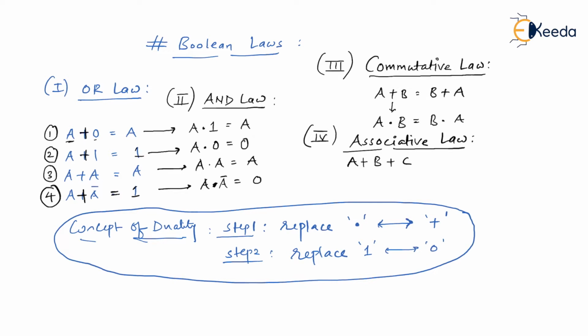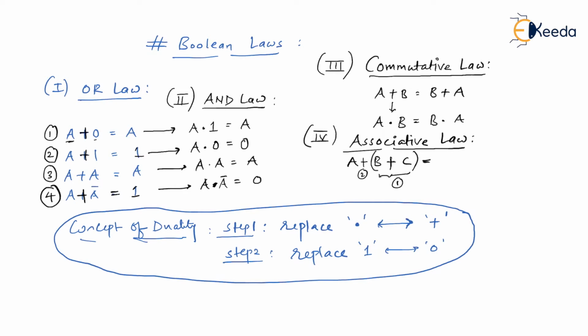First I make a summation of B and C, and then whatever result comes, I sum it with A. I hope you understand the meaning of bracket in algebra: whenever there is a bracket, the operation inside the bracket is done on priority. So here B and C are summed first, that is, the OR operation is done between B and C first, and in the second step it is ORed with A.